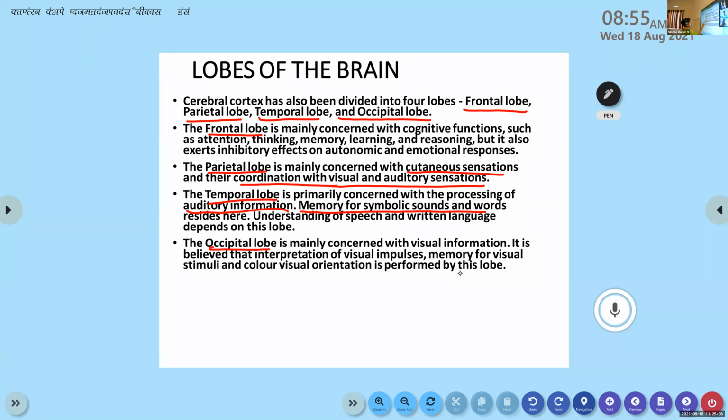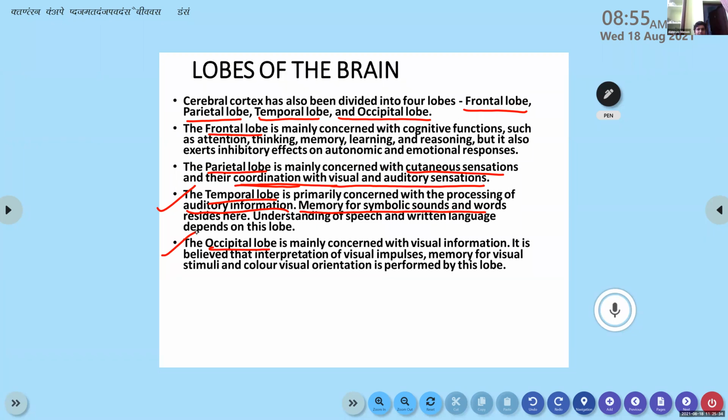But along with that, they coordinate visual and auditory sensations also. Just coordinate, not full processing. Auditory sensations are processed by the temporal lobe, visual sensations are processed by the occipital lobe, basically, and the parietal lobe coordinates both functions. Understood?